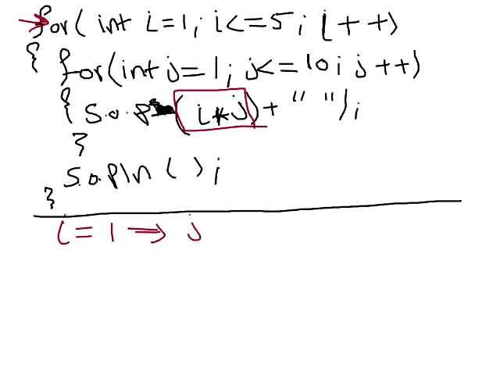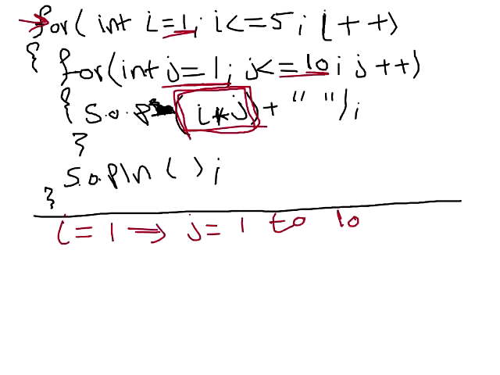When i equals 1, what's the value of j? Well done, 1 to 10. Yes, that's right, because j runs from 1 to 10 every time we have an i. Because i starts at 1, we multiply i by j, and j goes from 1 to 10.